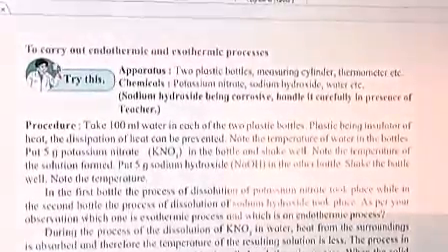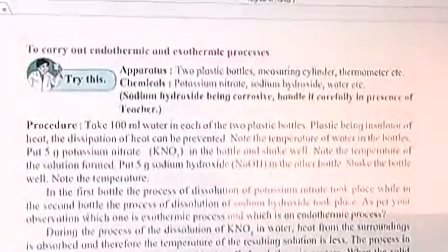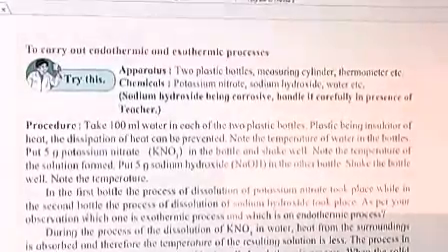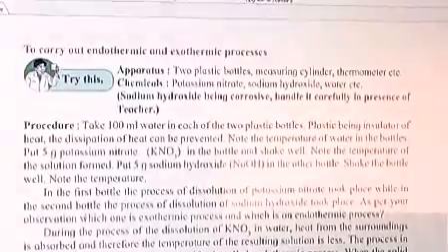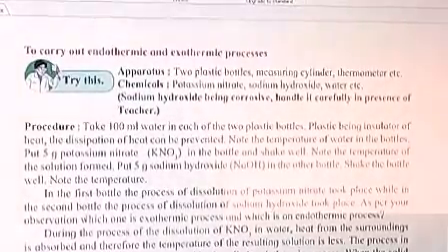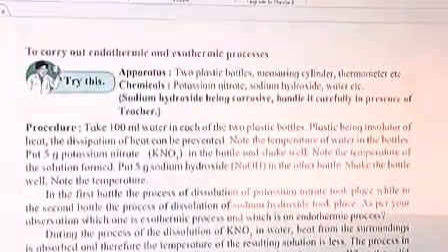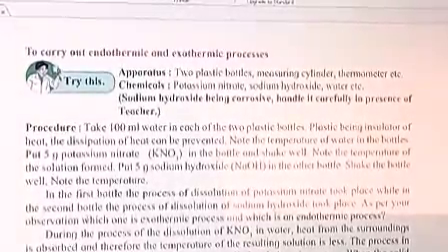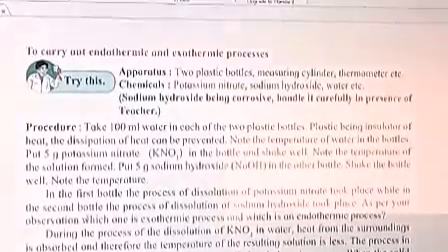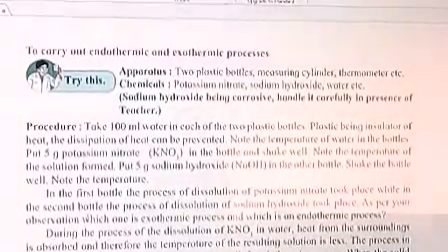Now let us take two examples. Take 100 ml of water in a plastic bottle. Add to it 5 grams of potassium nitrate and shake well. Note down the temperature of the solution.